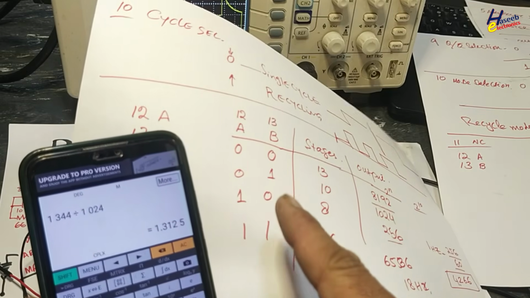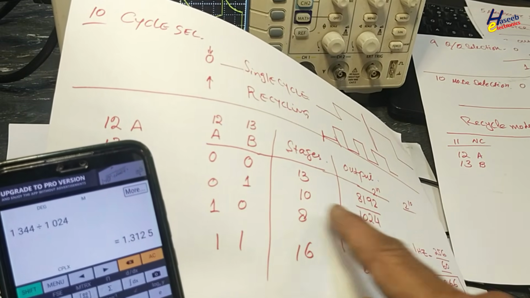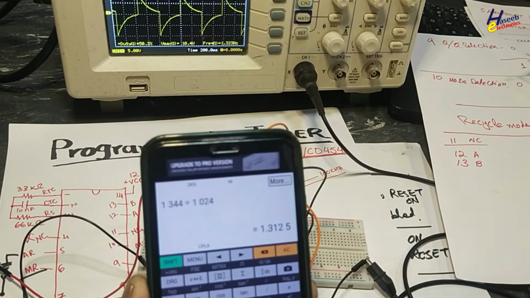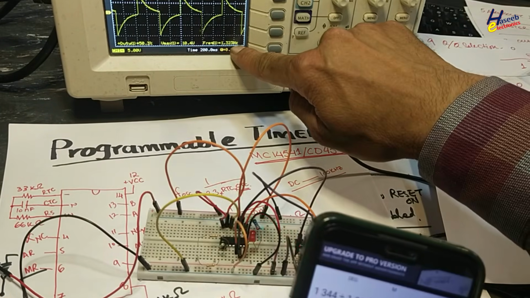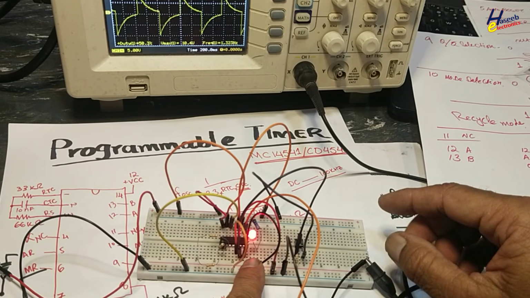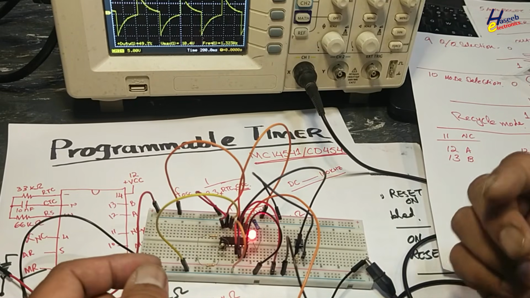Now pin number 12 is low, pin number 13 is high. It is dividing input frequency with this number 1024, exactly 1.3 Hertz. Perfect. And we can see the output pulses are now different than the previous one.